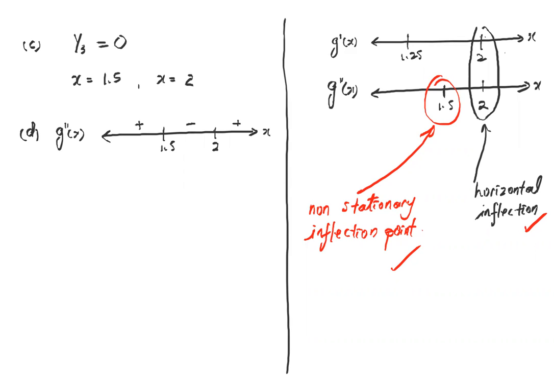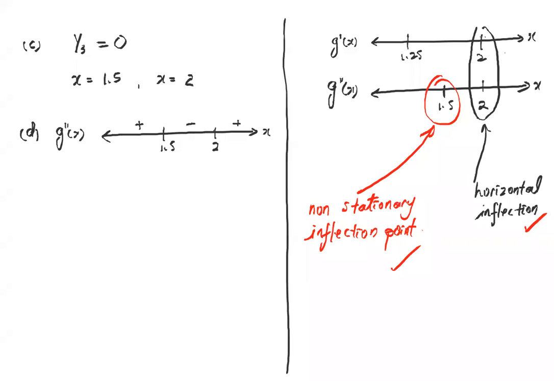So a non-stationary inflection point is a point where G of X is either increasing with the fastest rate, or G of X is decreasing with the fastest rate.